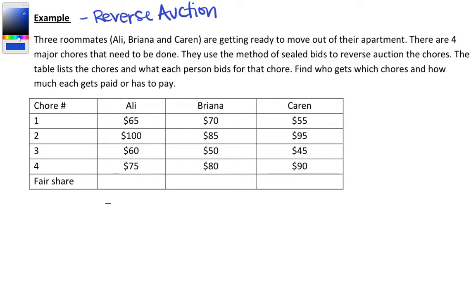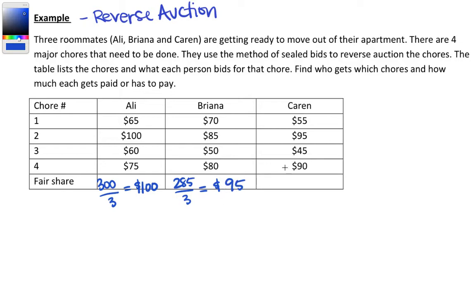All right, so first thing we're going to do, just like last time, is compute their fair share. And again, you total up the column, and we divide it by 3 because there's 3 women here. So Allie's fair share is $100. When we total Brianna's column, we get $285 divided by 3 gives us $95.